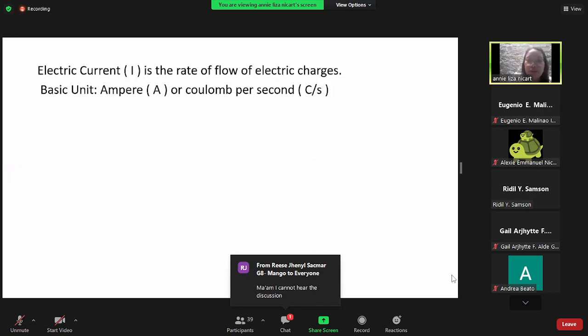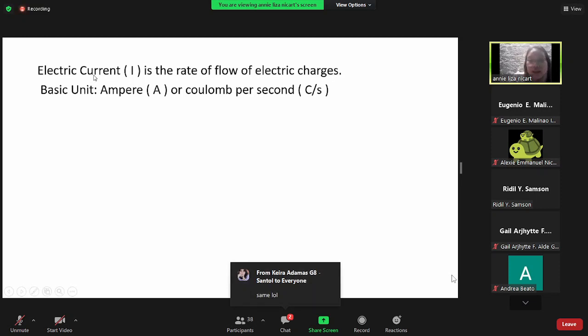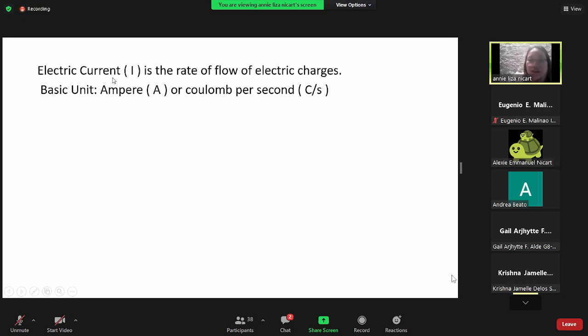Okay, the basic unit, we have ampere. Nakikita niyo yung symbol ng electric current as a quantity. Anong kanyang symbol? Electric current.